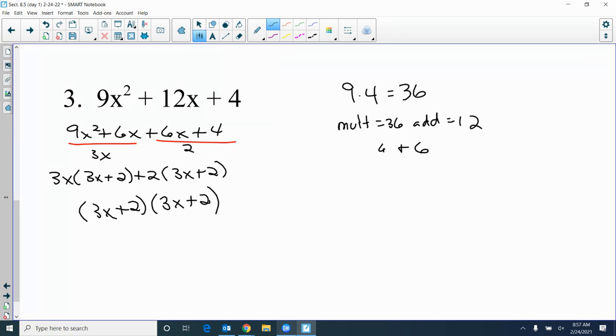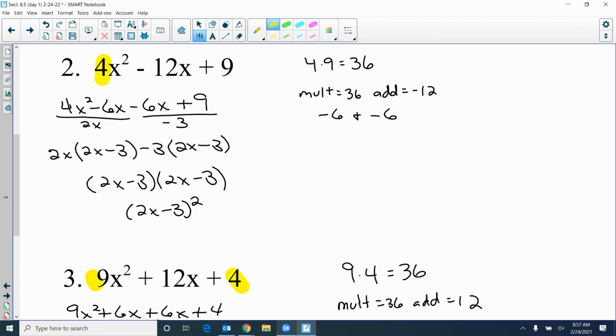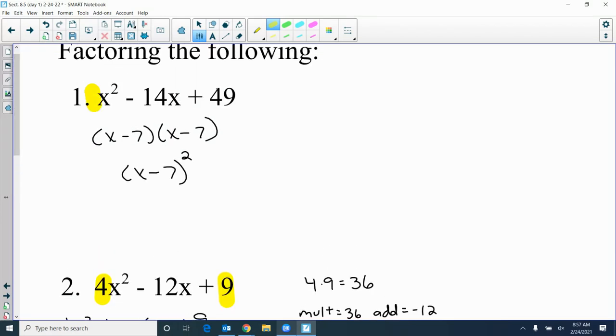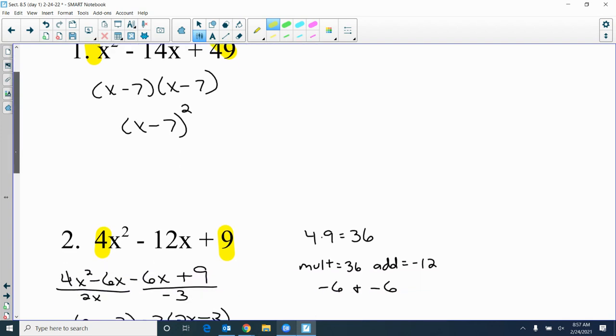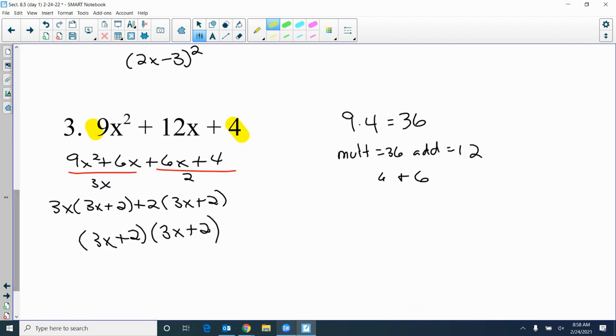If you look at the first constant and the last constant, if they are perfect squares, perfect squares are numbers that have a square root: 4, 9, 16, 25, 36, 49. If they are perfect squares, then you think, all right, maybe I can try this ahead and then come back to the grouping method. So a 9 and a 4 are perfect squares.